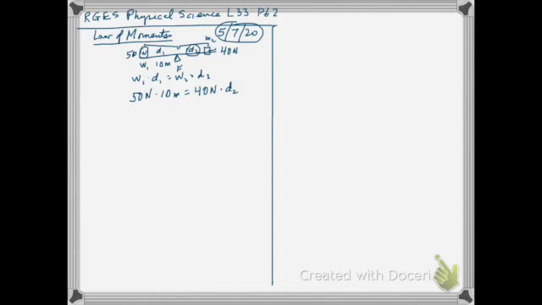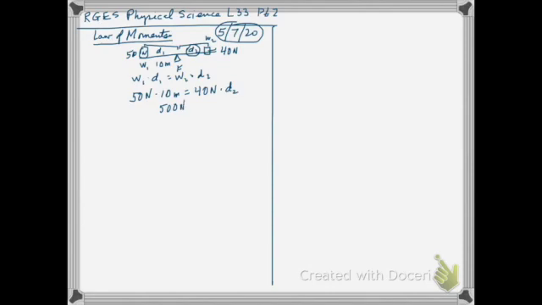Now, you can look at this, and if this is a heavier weight on the left side, 50, and it's 10 meters, you know that the lighter weight is going to have to be placed out further than 10 meters, because 40 times this D2 is going to be equal to 500.